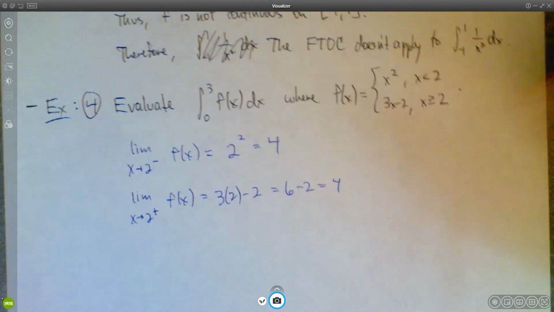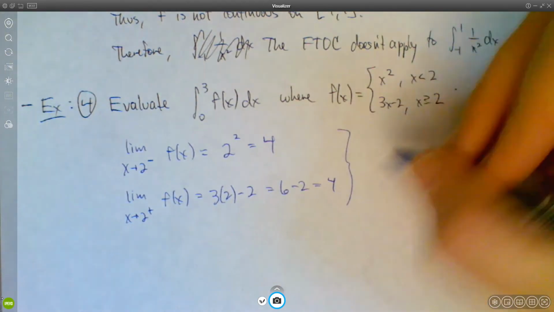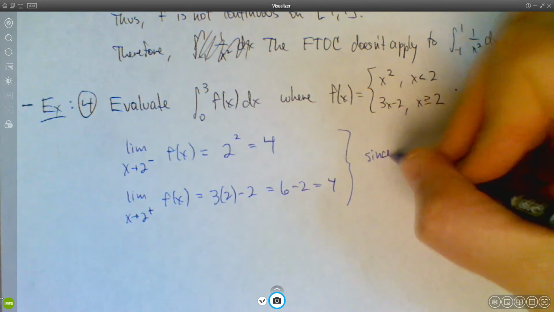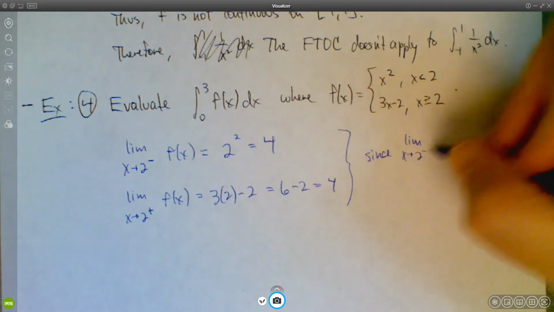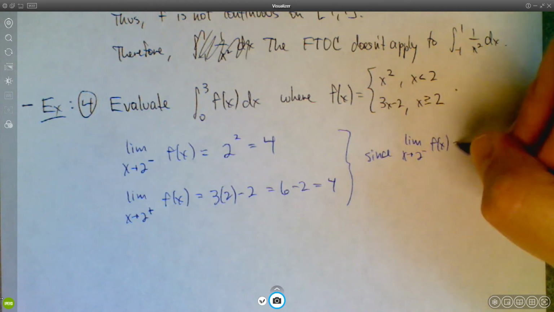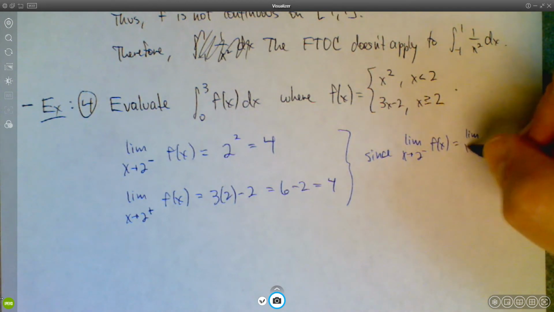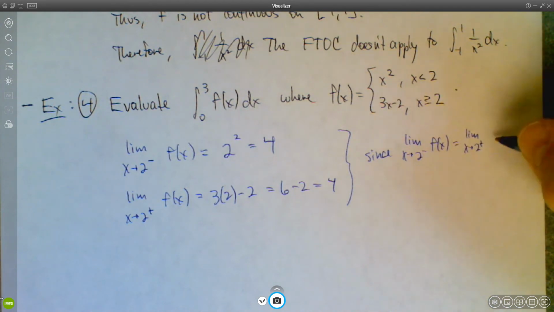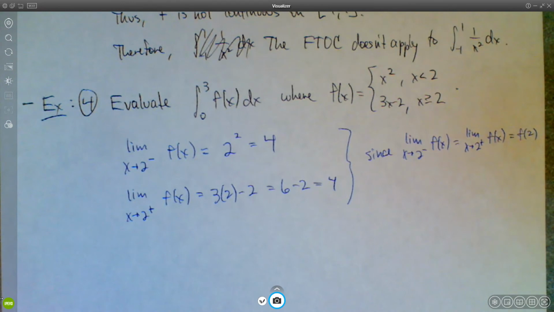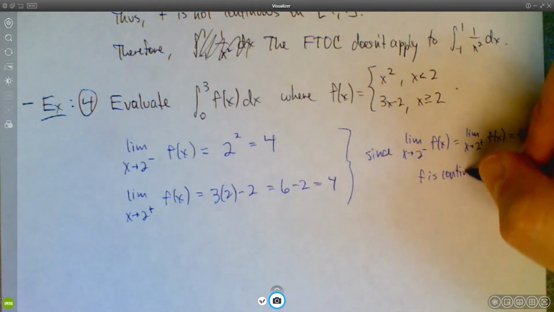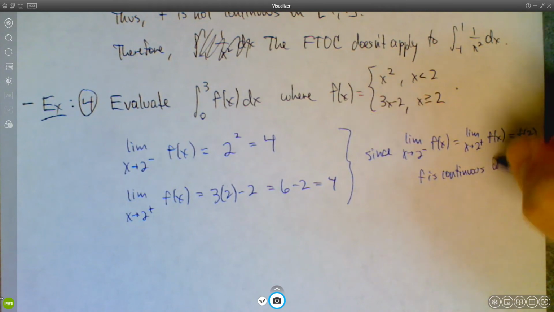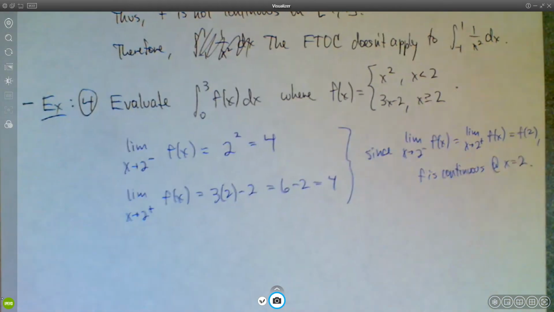So we'll say, since the limit as x approaches 2 from the left equals the limit as x approaches 2 from the right, and by the way, that's equal to f of 2, f is continuous at x equals 2.